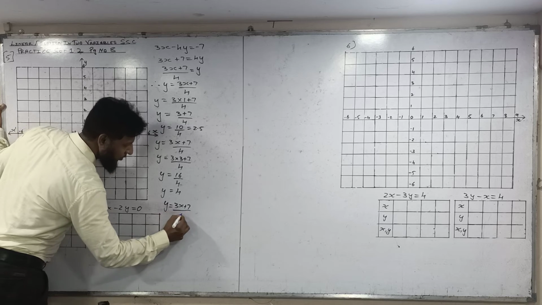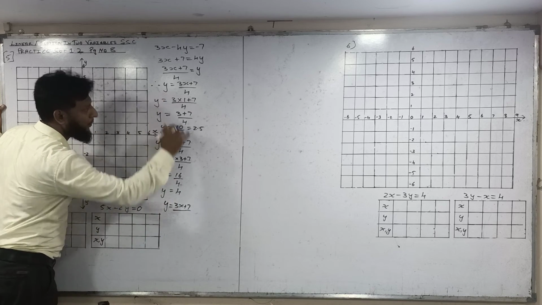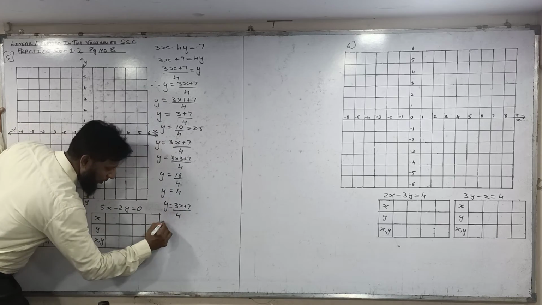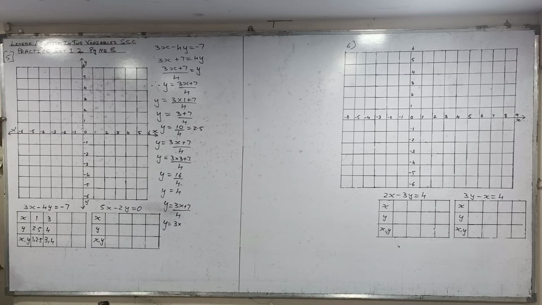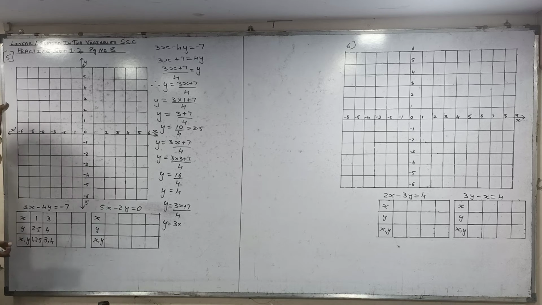Now again y is equal to 3x plus 7 upon 4. Take x value 0: 7 upon 4 will again come in decimals. So after 3, we can take 4: 3 4s are 12 plus 7 gives you 19.